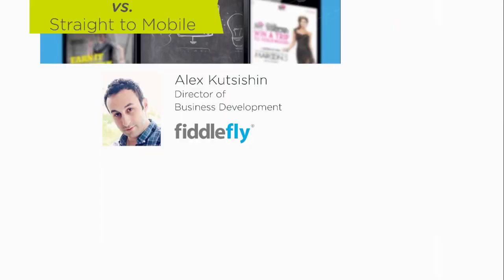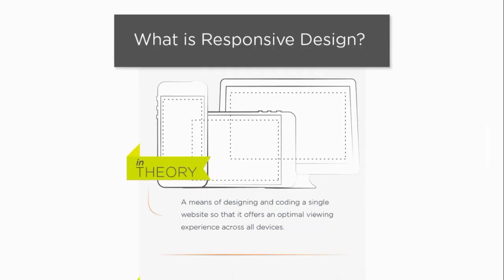Again, the topic today: responsive design versus straight to mobile. What is responsive design? Here's what it is in theory: a means of designing and coding a single website so that it offers an optimal viewing experience across all devices. That's responsive in theory.